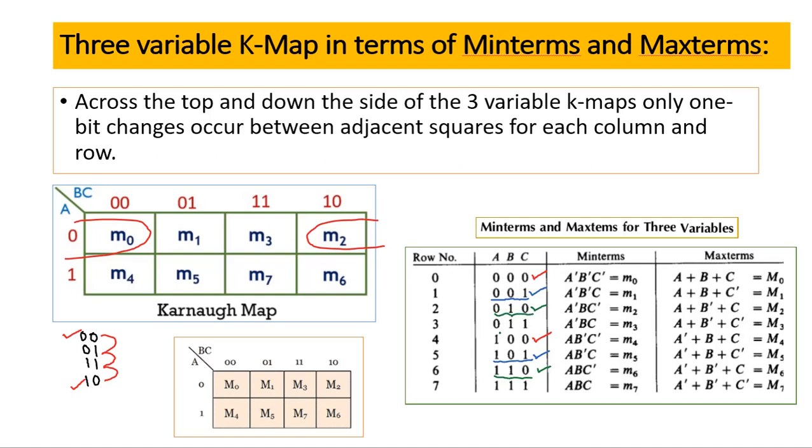Same thing occurs for M3 and M7. So always we need to ensure that the min terms are mapped in such a way that they differ only by 1 bit, both column wise and row wise.